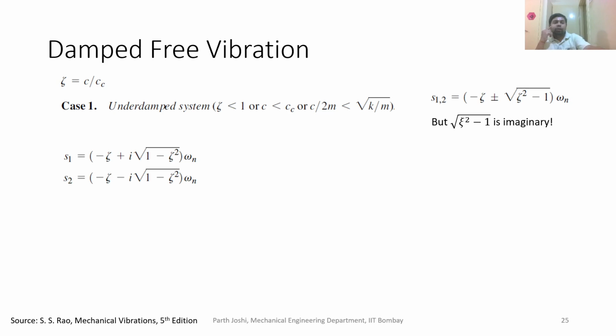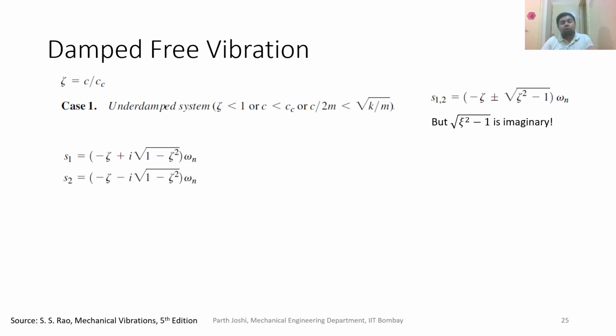We define a parameter called zeta, which is c over cc, the critical damping. That is called the damping ratio. It's kind of a substitution to make it mathematically simpler to deal with. When this damping ratio is less than 1, it's called underdamped.